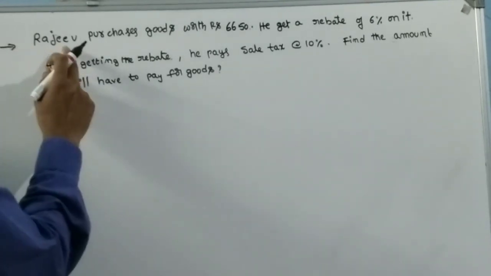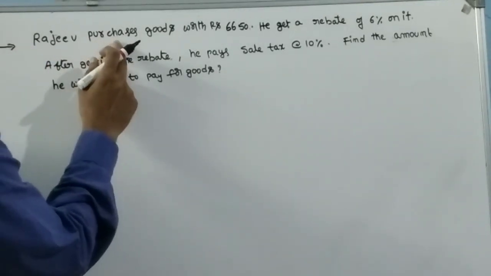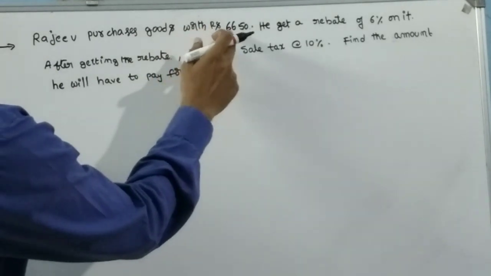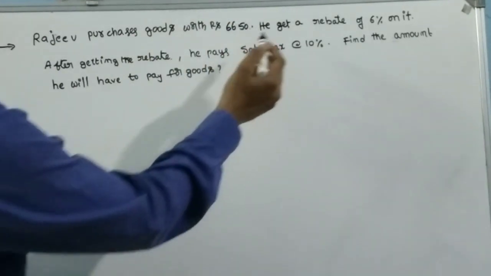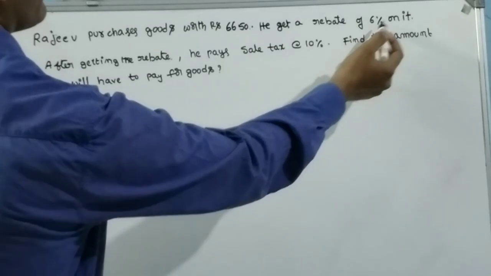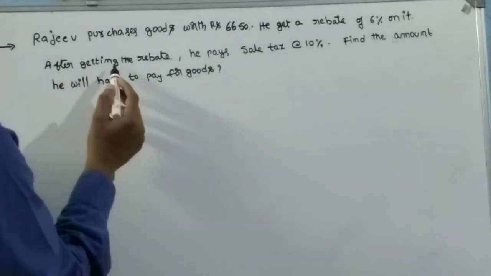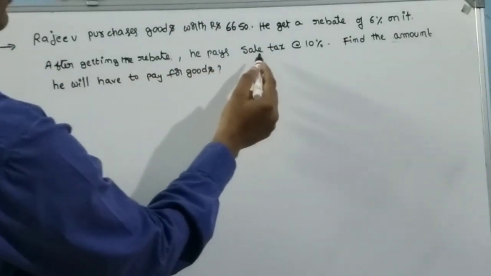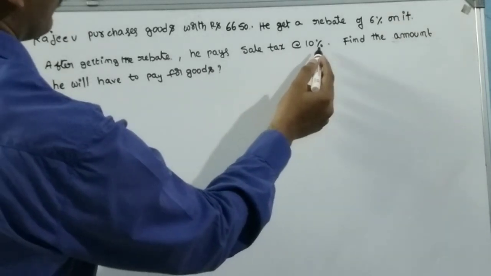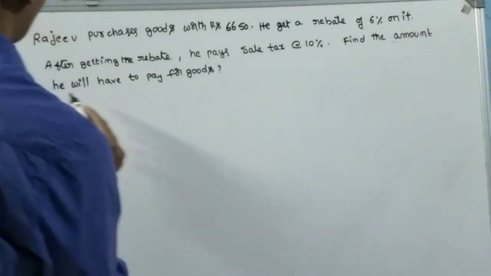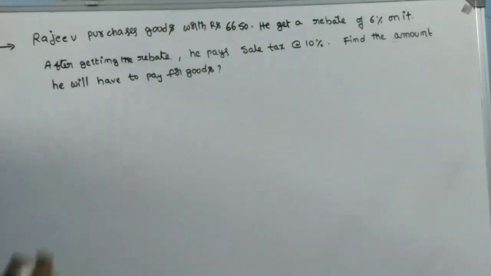See friends, next problem: Rajiv purchases goods worth rupees 6,650. He gets a rebate of 6% on it. After getting the rebate, he pays sales tax at 10%. Find the amount he will have to pay for goods.